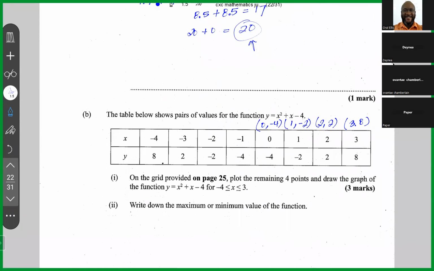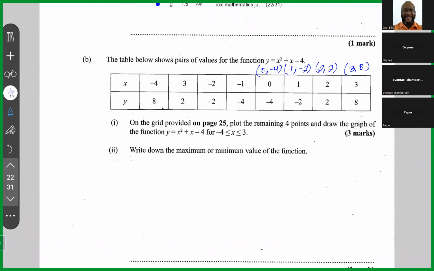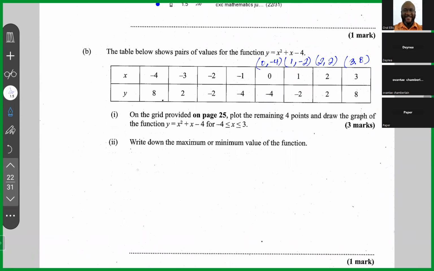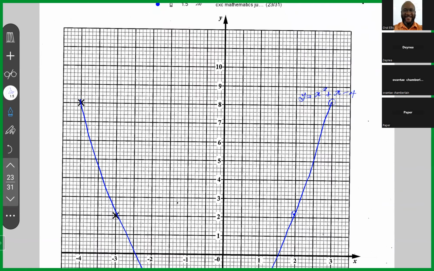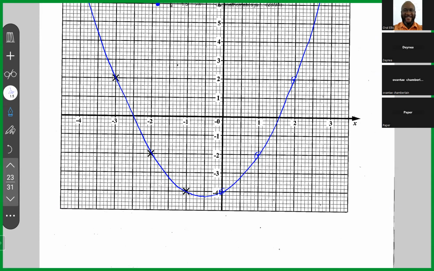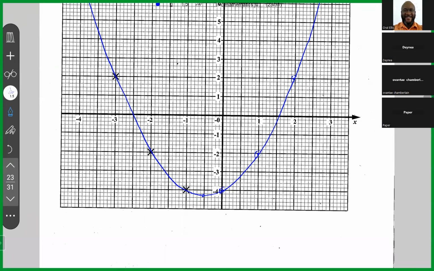It says write down the maximum or minimum point. All right, this is a positive x squared graph, so what it has is a minimum point. Oh, sorry, it's asked for write down the maximum or minimum value of the function. Now, the minimum value of the function in this case is at the lowest point on the graph, which is here. So from my graph, for the minimum value, I'm going to draw a horizontal line and read what that is saying.